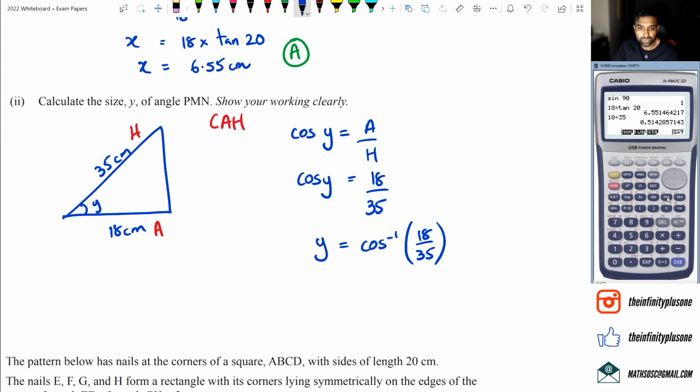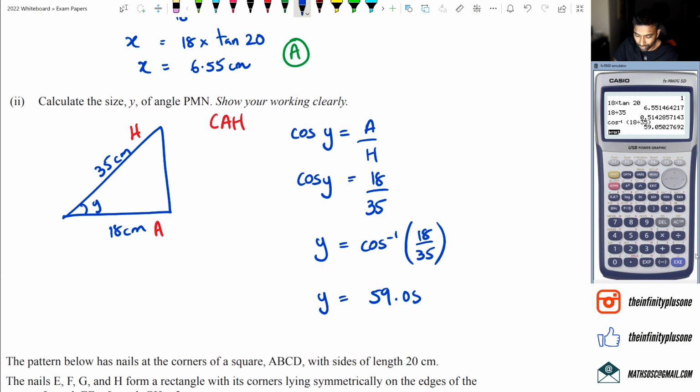So I can go shift cos of 18 over 35, and what I end up getting is 59.05 degrees. So you can just put in 59. Interestingly, in the answer schedule they've said 59.1 degrees is okay, but in the previous question they've said 2 decimal places, so play it safe.